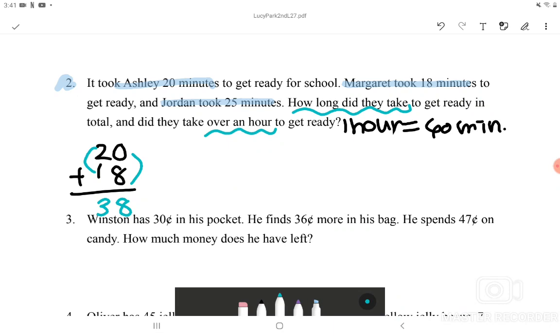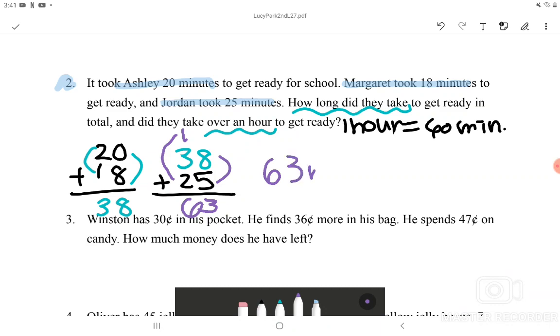And now we're going to do 38 plus the 25, which is the last number we have. 8 plus 5 is equal to 13, so I will put 1 up here and 3 down here. And now we're going to do 1 plus 3 plus 2, which is 6. So we have 63 minutes.